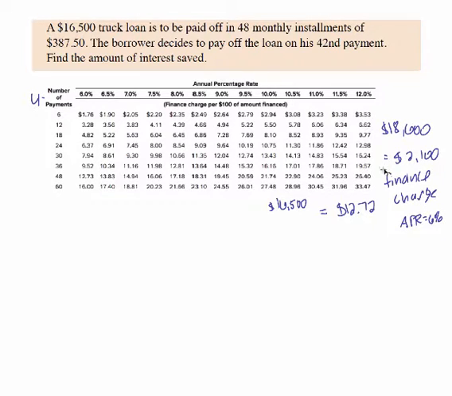Now finally we can find what H is, because H is the finance charge per $100 for a loan that has the same APR as the original, which is 6%, and the number of payments matching the number remaining, which is 6. So we take the 6% column, the 6 payments row, and we find $1.76.